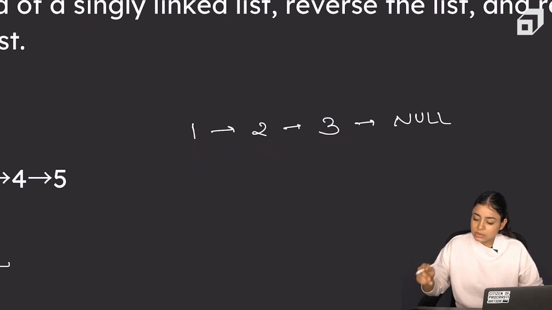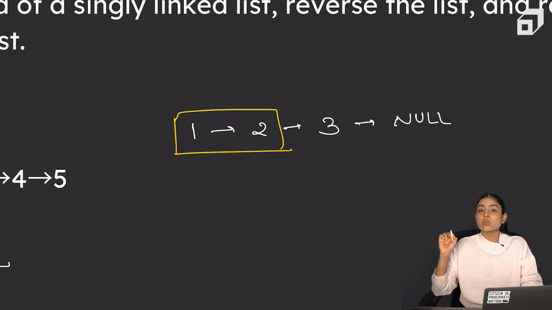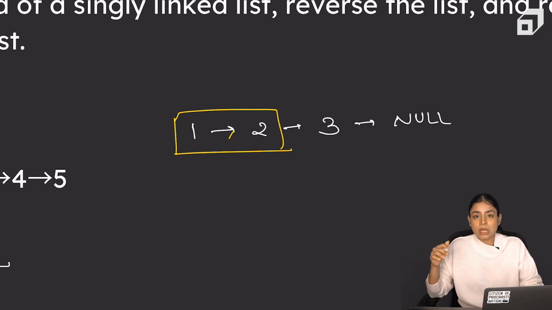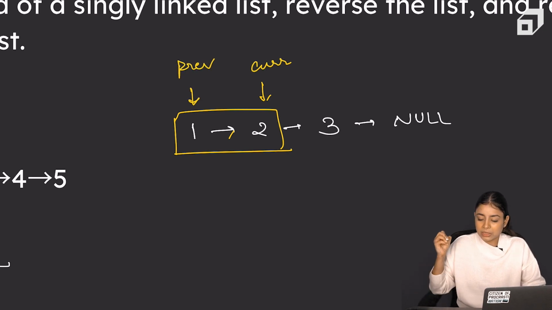So if we do this 2 at a time, for example, let's first take just these 2 elements and reverse this. I can do that by taking 2 pointers. For example, I take a pointer to 2, which is current, and 1, let's call this previous.